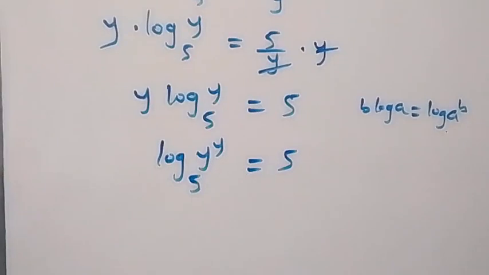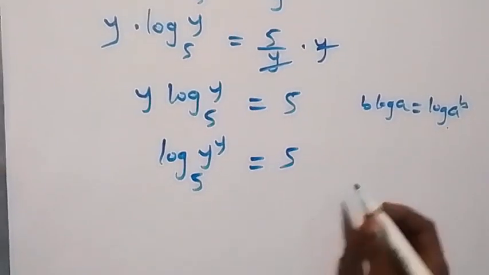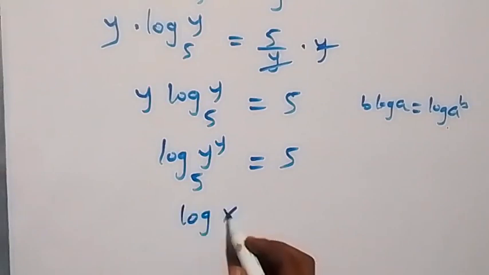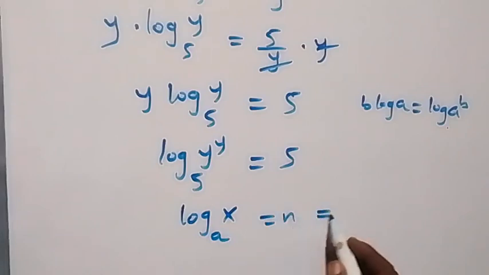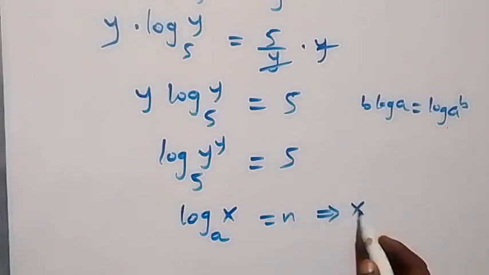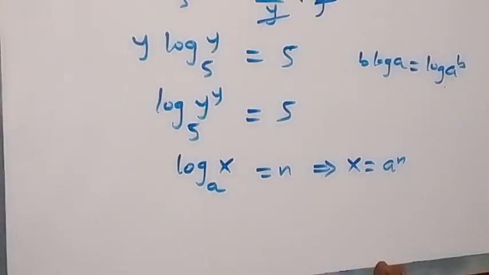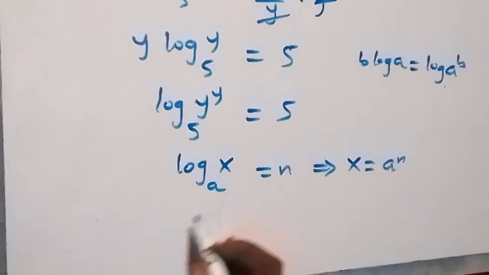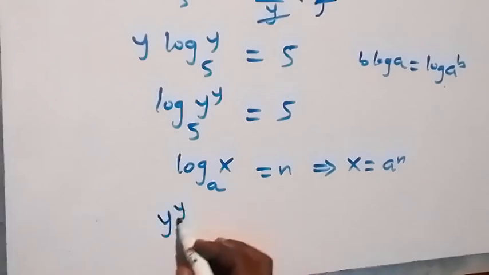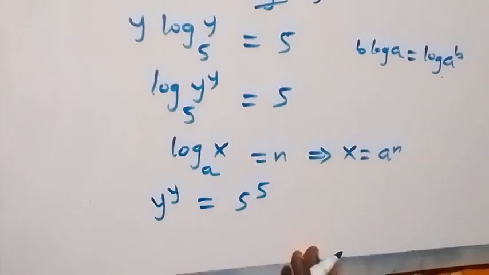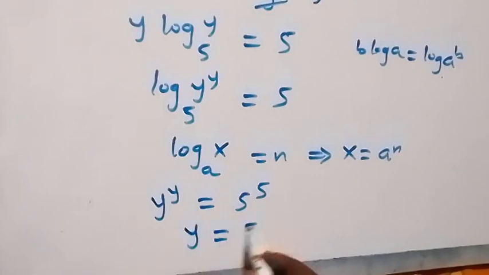Then from here, recall that when we have log x to base a equals n, this implies that x equals a^n. That means here we can change this as y^y equals 5^5. And easily from here we have y equals 5.